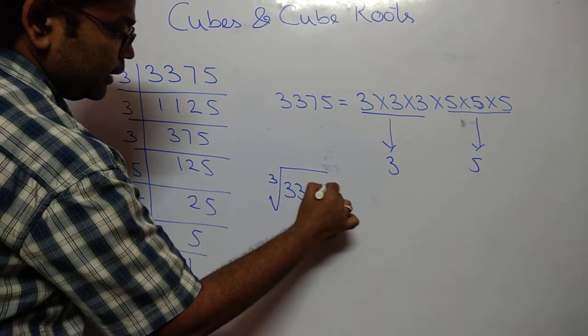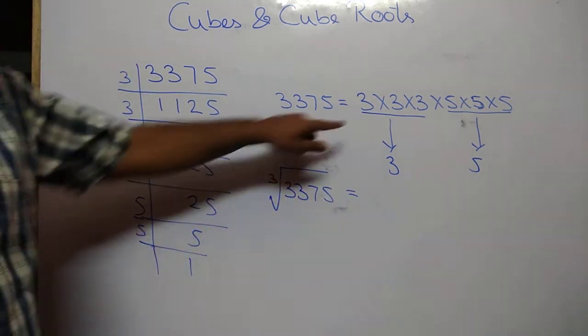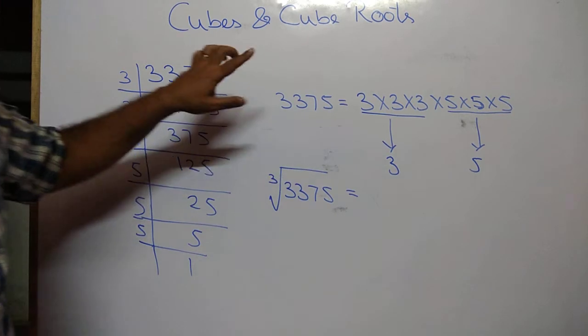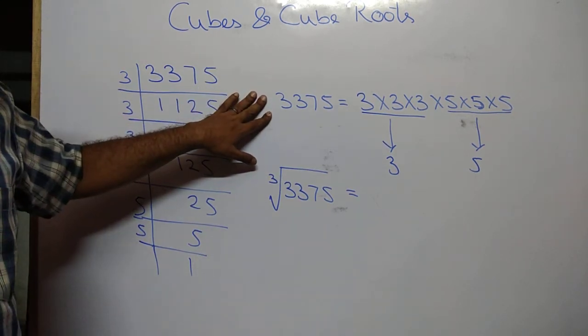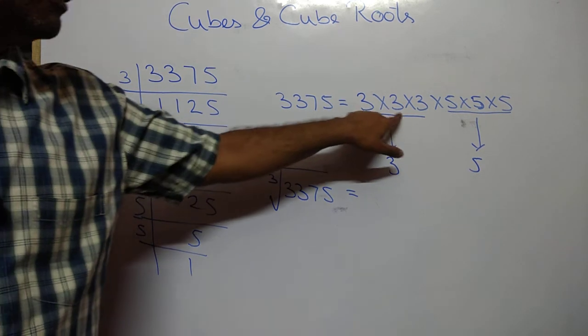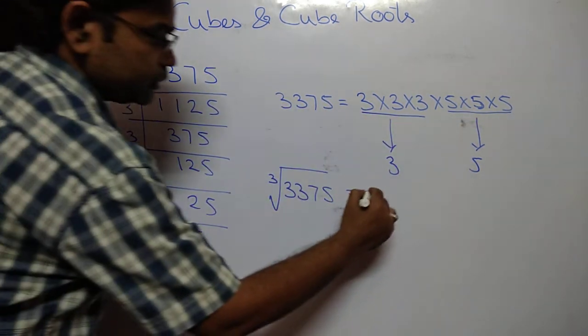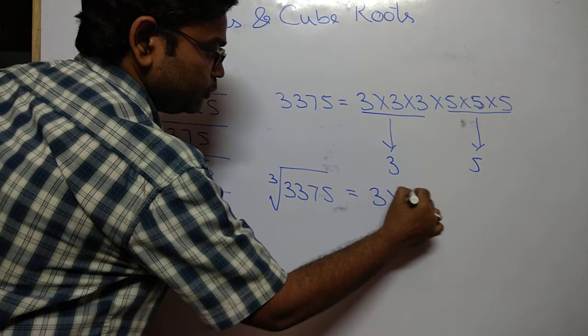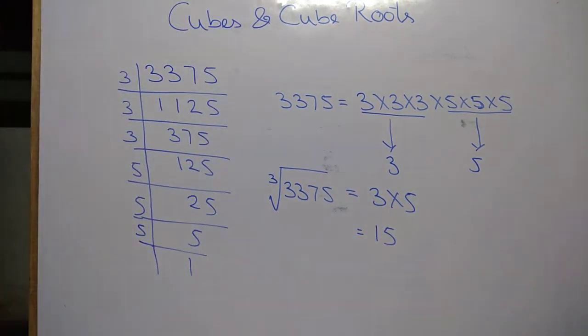So the cube root of 3375 is, as we know that in the case of square root we make pairs of 2, but in the case of finding the cube root we make groups of 3 of the same number. So here we can write 3 into 5, it's 15.